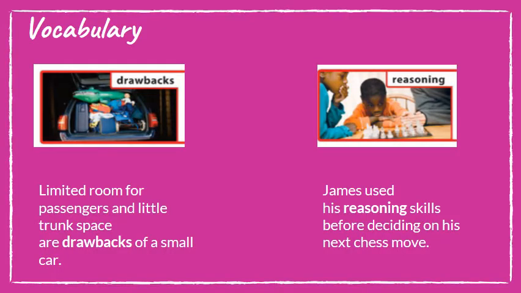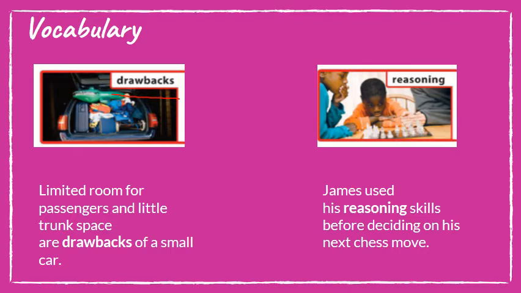Okay, drawbacks now. Limited room for passengers and little trunk space are drawbacks of a small car. So you see, we have limited space and the trunk is very small in the small car. So it is a drawback. Here I can know that the writer is talking about a negative point, a disadvantage.